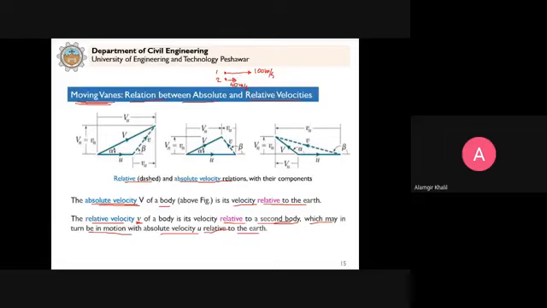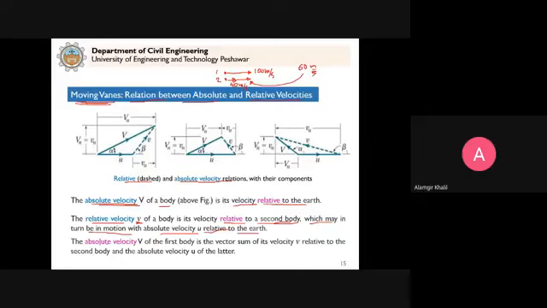So what is the relative velocity of the first body with respect to the second body? Difference of the two. Clear? That will be equal to what? 60 meter per second. This will be the relative velocity with which the first body is moving with respect to the second body. If the second body can move with 60 plus 40, both will have the same speed.